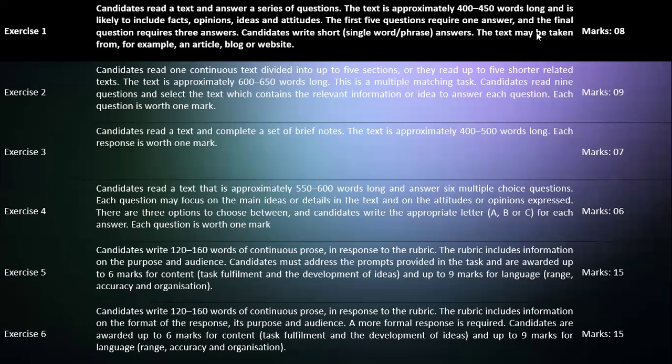This exercise is more like a formal response, whereas exercise number 5 that I have just talked about is an informal piece of response. And usually with the recent update of this syllabus, the examiner has mentioned that the candidates would be asked to write an informal email. But so far in the syllabus, the examiners have still mentioned that an informal letter is there. So that means you are either going to receive an informal letter or an informal email.